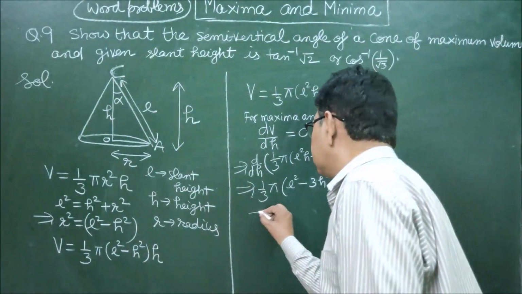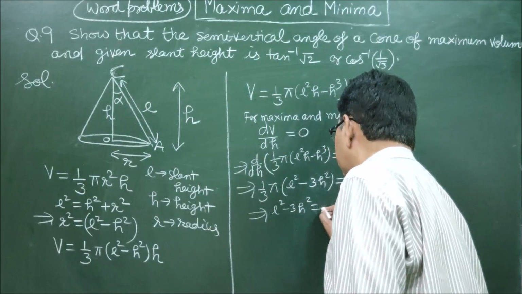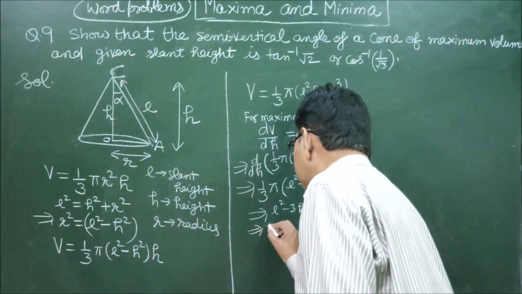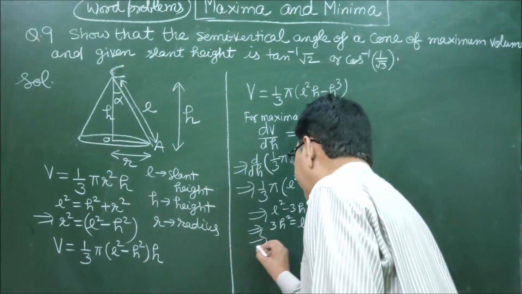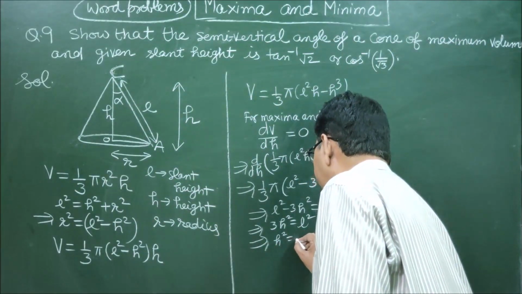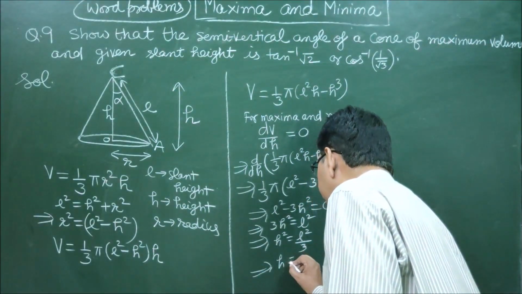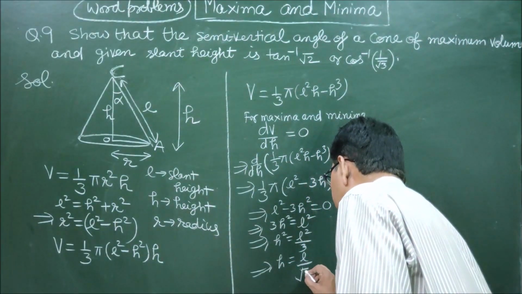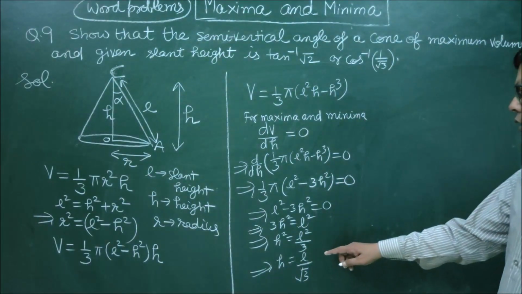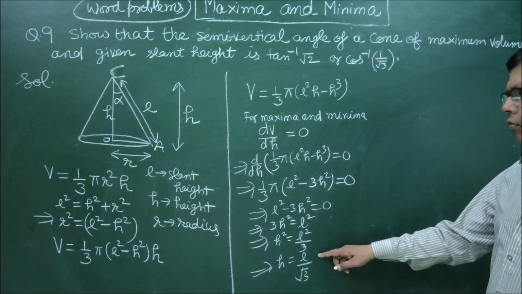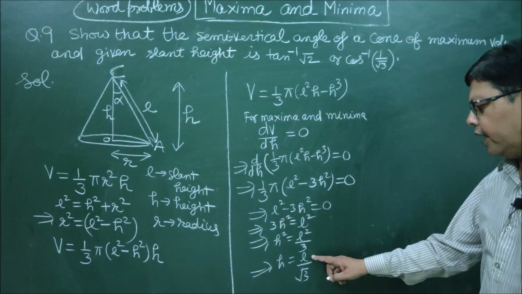So we get L square minus 3H square equal to 0, or 3H square is equal to L square, or H square is equal to L square upon 3, or H is equal to L upon root 3. Now we have got the value of H in terms of this constant L.